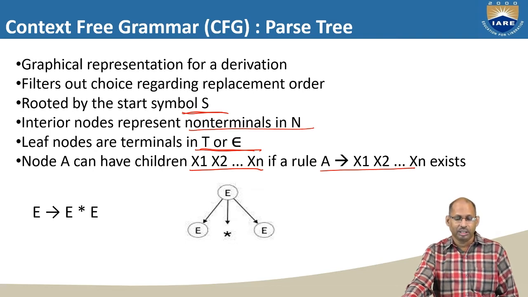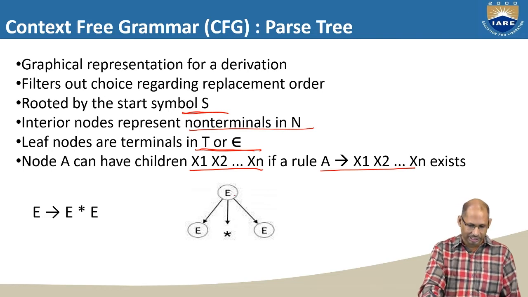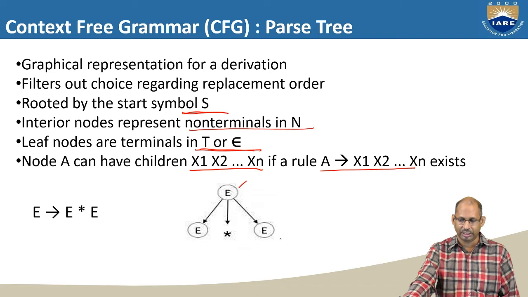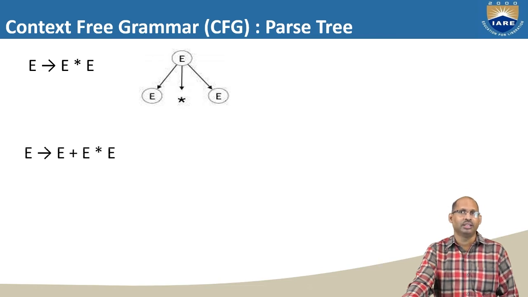So here E gives E into E. So E will be the node, then it gives E into E. Right? This is the first step. Then in the left linear derivation we are using here, we are replacing the leftmost variable with its respective production.